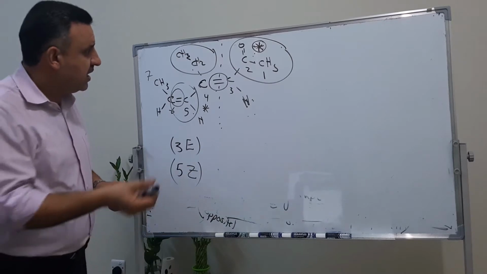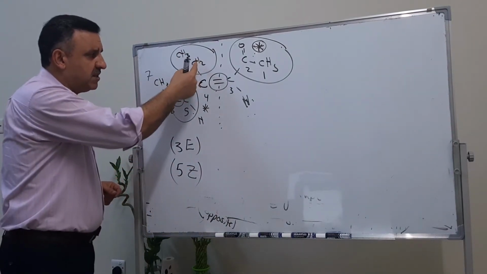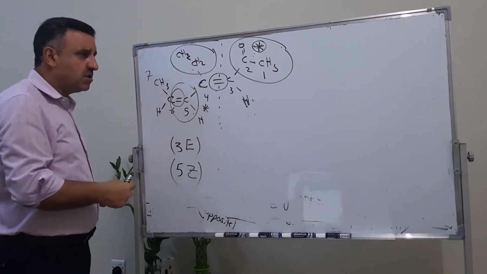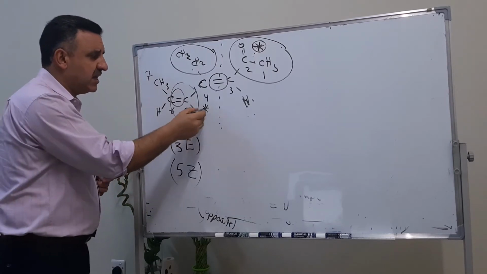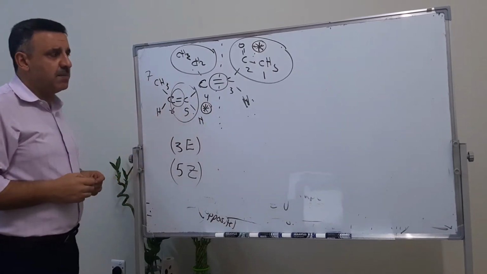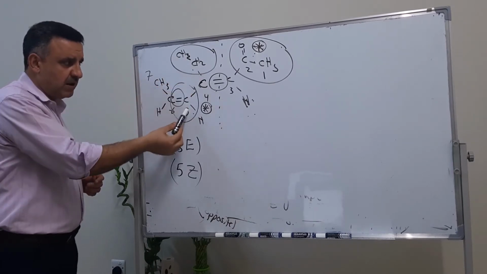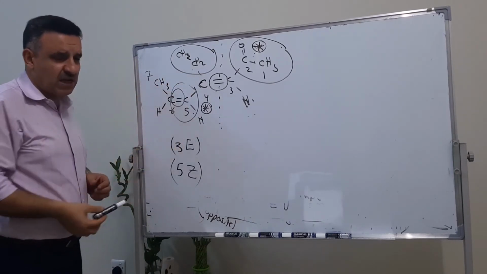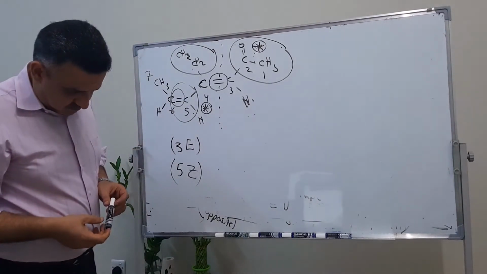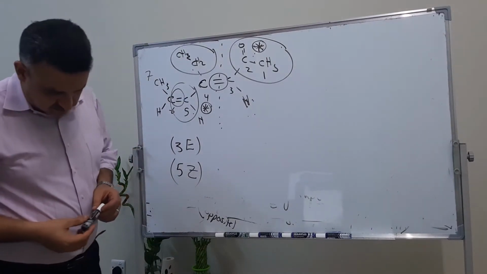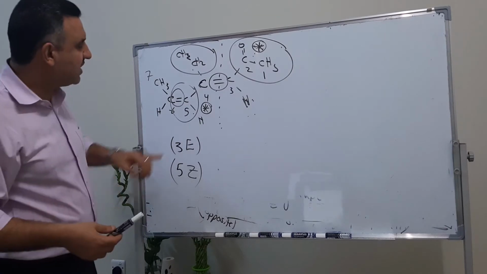Yes. Okay. Now, when we compare these 2 groups, you should find out easily that this group has higher priority than the other. Do you know why? The one who was asking. Yes, doctor, because it's attached to 2 carbon and 1 hydrogen. Exactly, absolutely.